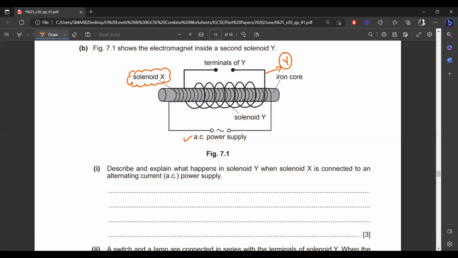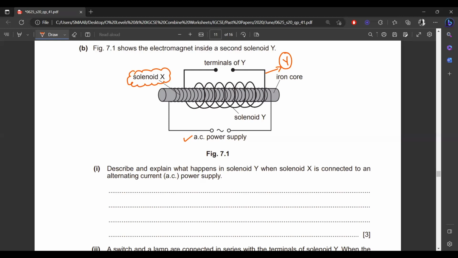So now we need to explain what happens in solenoid Y. Because we know that when AC current flows through solenoid X, there will be a change in direction of the AC, right? And due to that change of direction of electric current, the magnetic field will change, right? And that changing magnetic field will induce EMF in the second coil, that is solenoid Y.